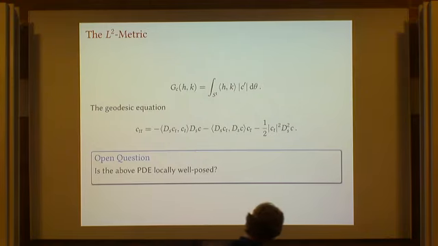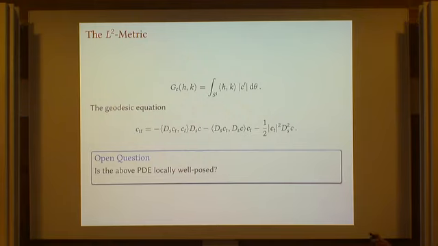So we have the curve parameter, and we have the deformation parameter. And one can calculate this equation here. And ds is the arc length derivative with respect to the curve. As far as I know, it's still unknown whether this PDE is locally well-posed or not, whether it has local solutions that depend continuously on the initial data.